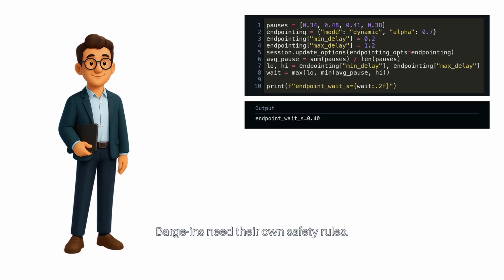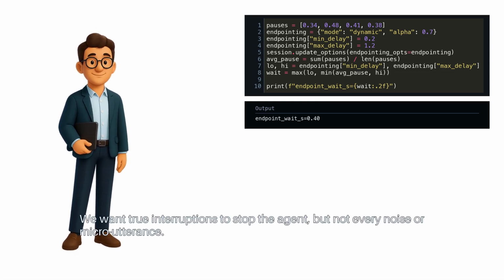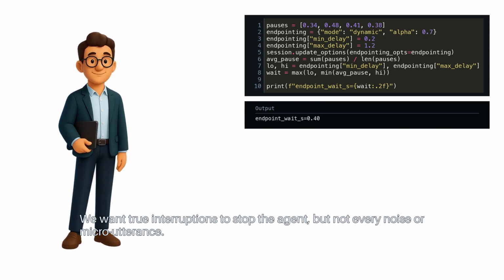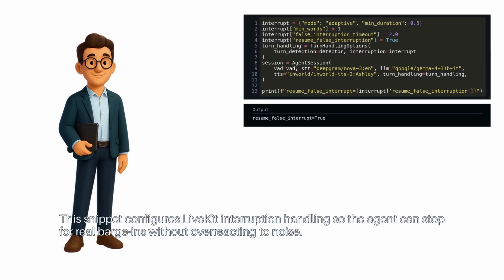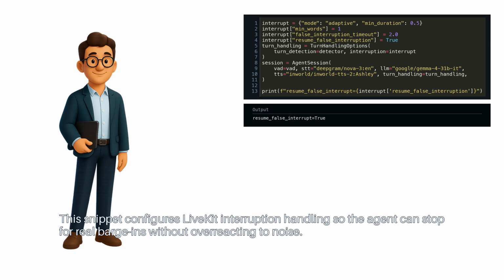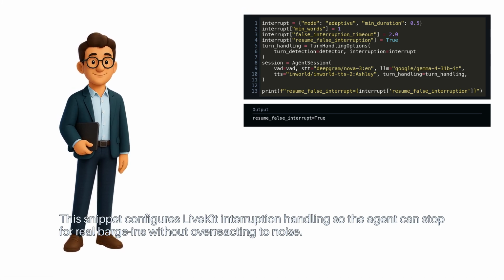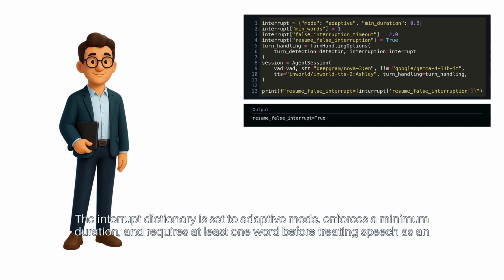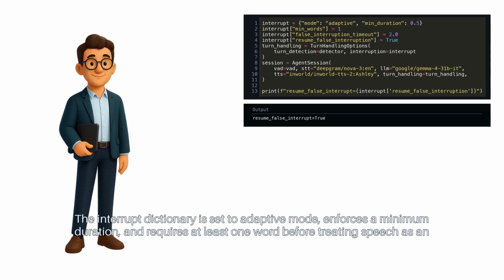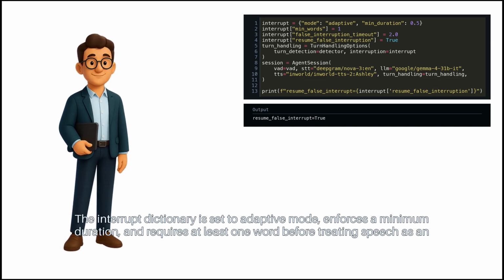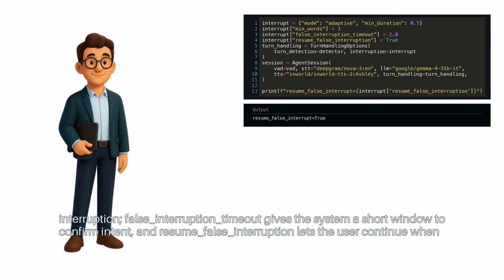Barge-ins need their own safety rules. We want true interruptions to stop the agent, but not every noise or micro-utterance. This snippet configures LiveKit interruption handling, so the agent can stop for real barge-ins without overreacting to noise. The interrupt dictionary is set to adaptive mode, enforces a minimum duration, and requires at least one word before treating speech as an interruption.